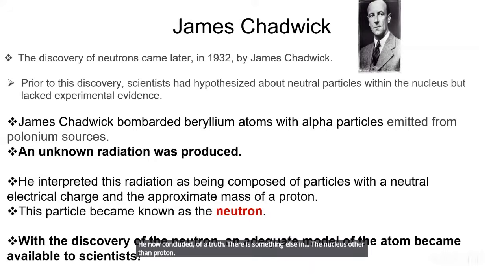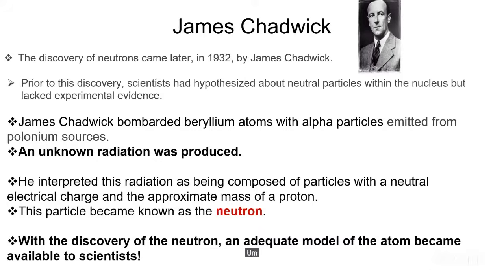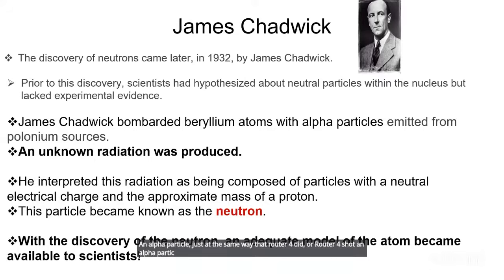And so, how did he conclude this? He concluded this by carrying out an experiment. In this experiment, he took beryllium and shot an alpha particle at it, the same way that Rutherford shot an alpha particle on a gold foil.